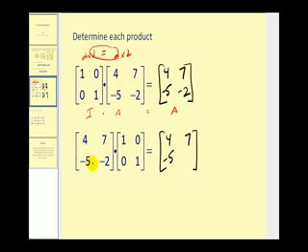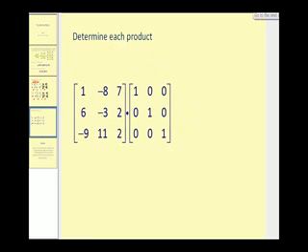And then lastly, we have row 2 times column 2, negative 5 times 0, plus negative 2 times 1. And again, you can see the result is the same. This is matrix A times the identity. The result, again, is matrix A. So multiplication is commutative if we multiply a square matrix times the identity matrix.